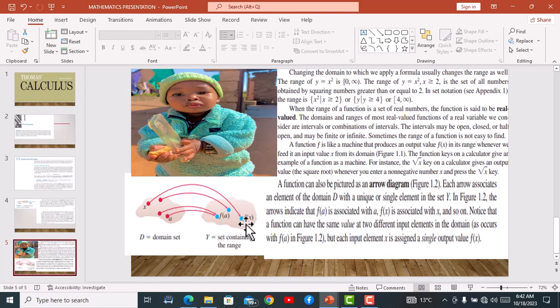What they are saying is that a function can have the same value at two different input elements. So y can have the same value at two different x values. We can use two different x values that give us the same value of y, as in the diagram here. Hence they are saying, notice that a function can have the same value at two different input values, and we will deal with this in the second tutorial.